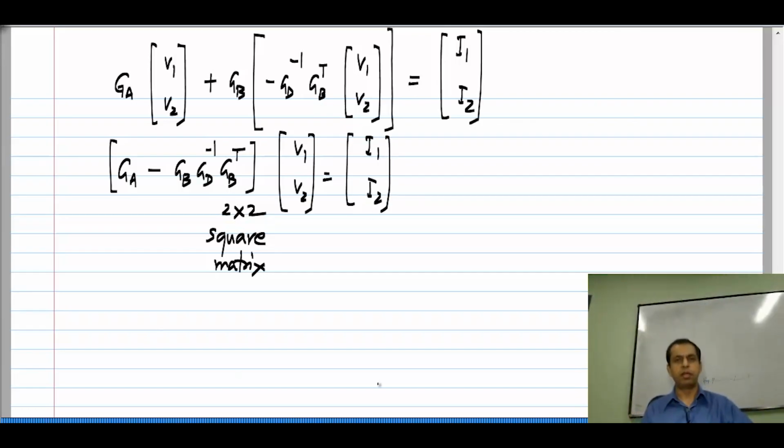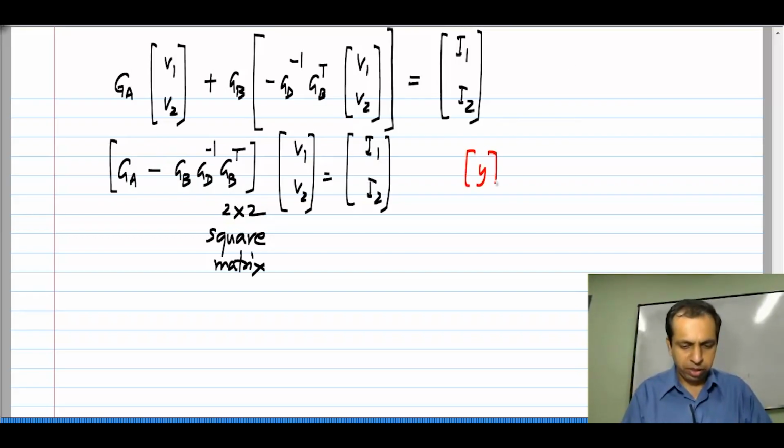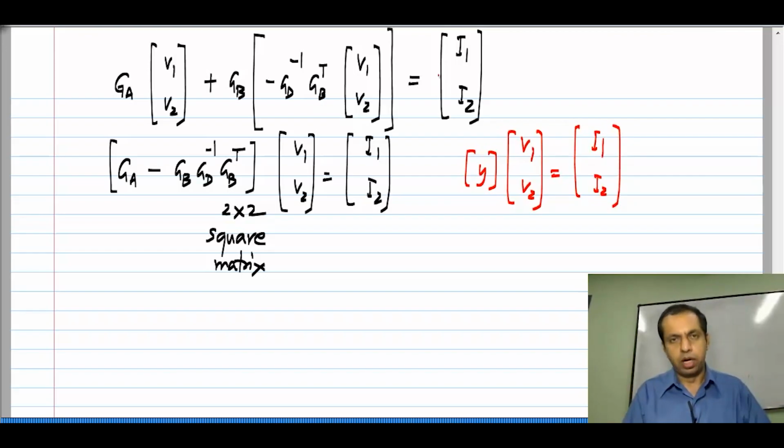Now, this is the relationship for this particular circuit, and you see that this is the Y parameter matrix of the circuit, because in terms of Y parameters we would have the Y parameter matrix times [V1 V2] equals [I1 I2], and if you want the Z parameter matrix we have to invert this.